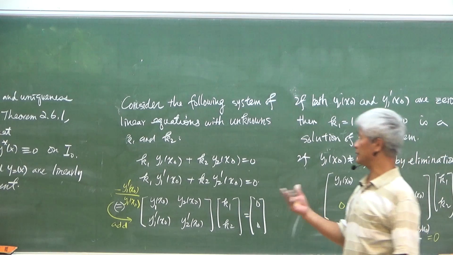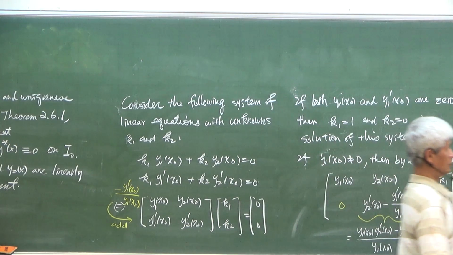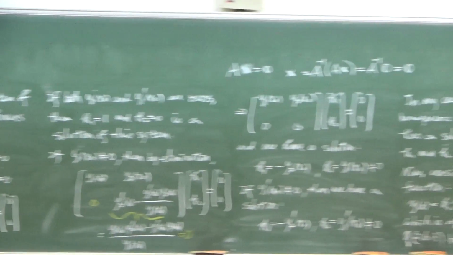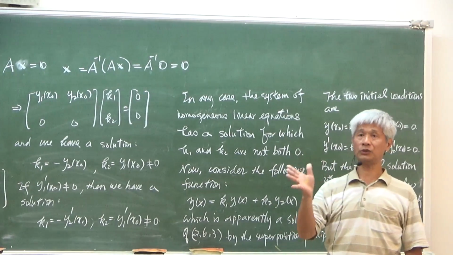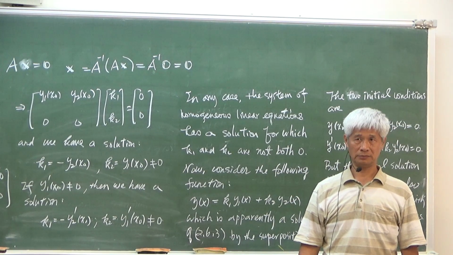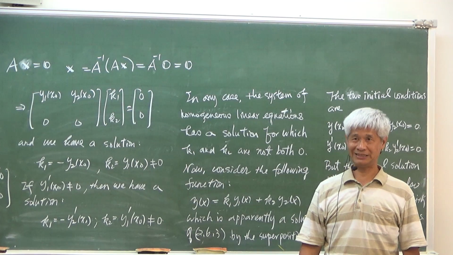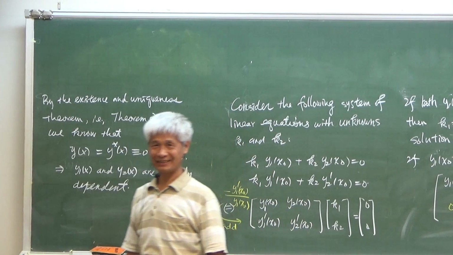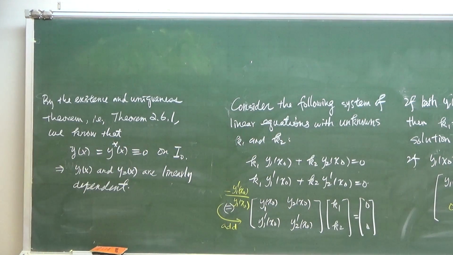Without this theorem, we cannot reach this conclusion, to say that this function is identical to 0. So theorem 2.6.1 is very important. Very important. Any questions?